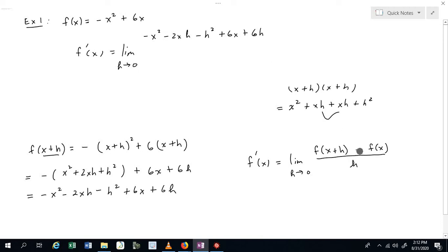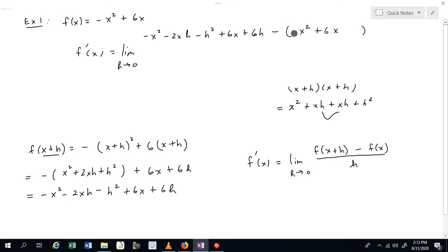Okay, and then we're going to subtract off f of x. But of course, f of x is just equal to this. So subtract all of that. So I'm going to put that in parentheses. Now, of course, when you subtract this off and you distribute it to both of these, that's just going to change the sign of both of these terms. So I'm going to go ahead and do that now.